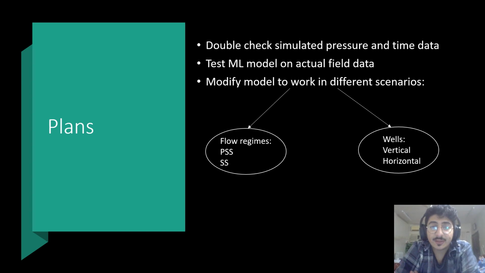After making sure that our values are true and our machine learning model is ready, we will test our machine learning model on actual field data. And then we will try to modify the model for it to work in different scenarios, pseudo-steady state flow regimes, for example, or vertical and horizontal wells.